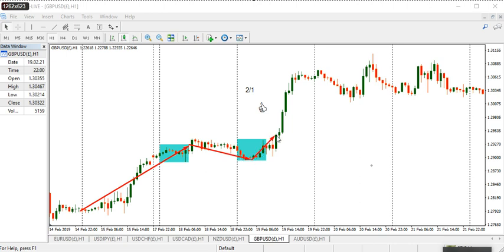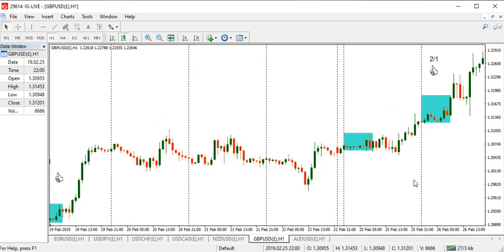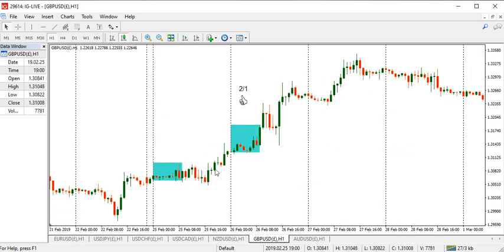So there's a clear indication that market makers are having to process orders with enough speed and pressure in that direction, so that gives us a higher probability trade. And GBP USD is a very reactive, volatile currency, and that's why we're getting such results on this one. And here you see it again.